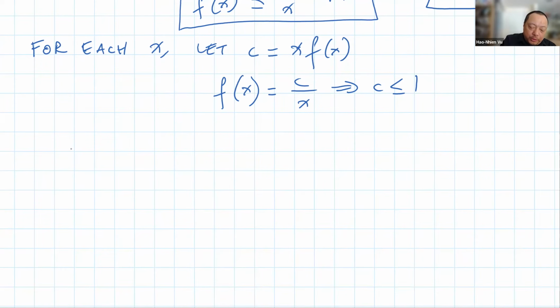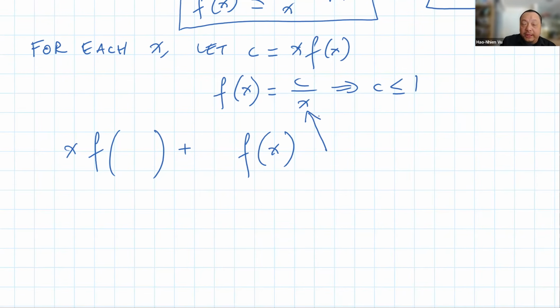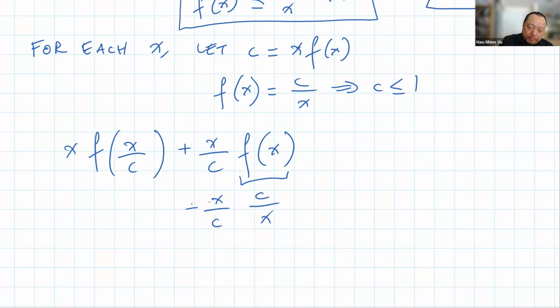So now I'm going to compute that expression x times f of y plus y times f of x. And I sort of want this one to be 1 over x. So I'm going to flip it over and put x over c in here. What is this equal to? Well, first of all, this is c over x. So the x's cancel, the c's cancel.